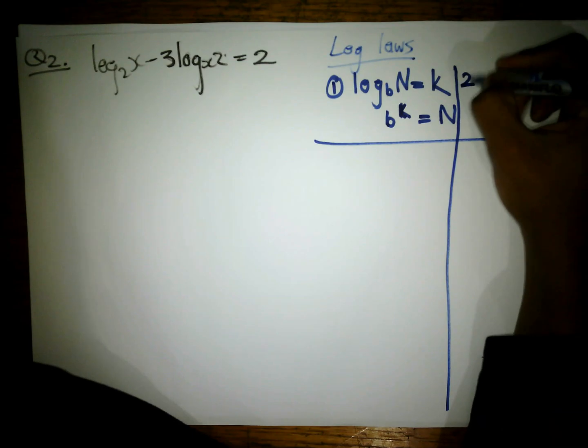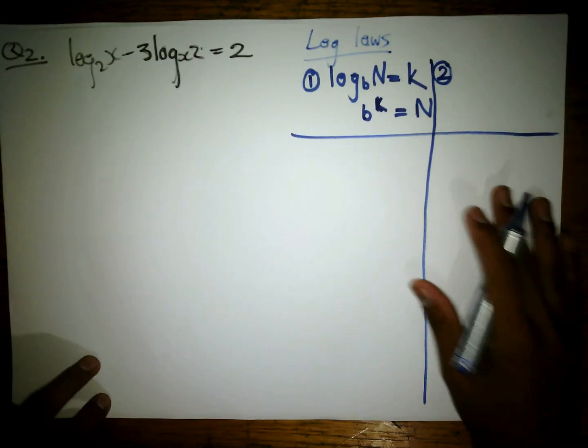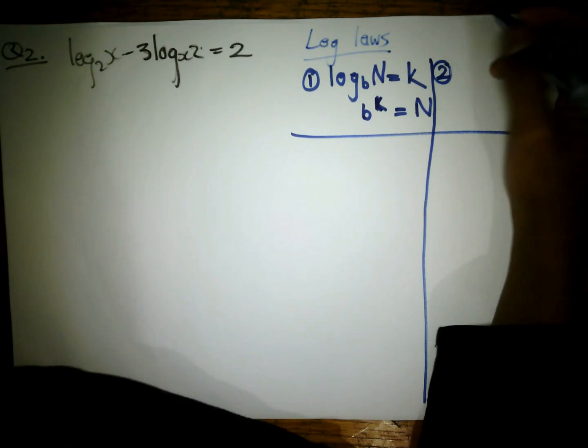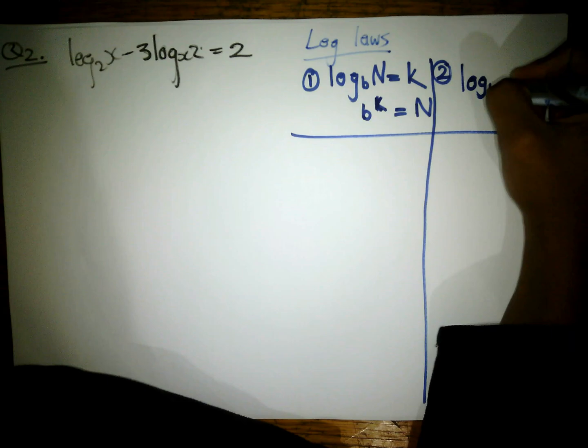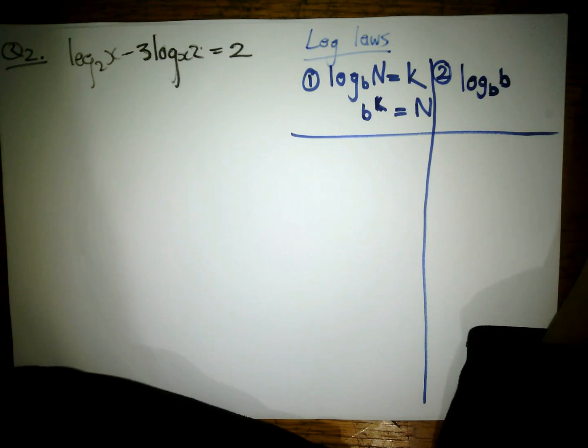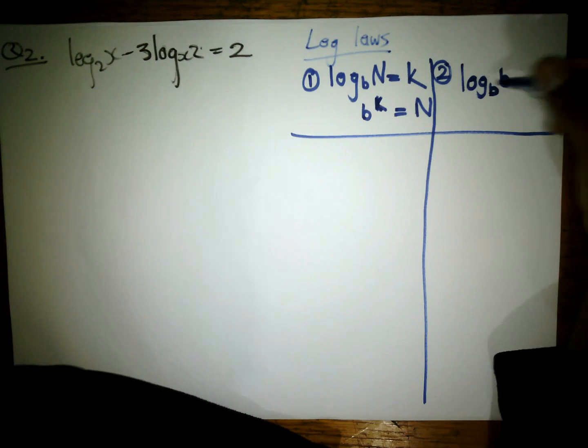Number two is saying when we have a log and the base is the same as the number, it will equal 1. So this can be anything. If it's log x of x, it will equal 1. No matter what it is, if it's log 1000 of 1000, it will equal 1.